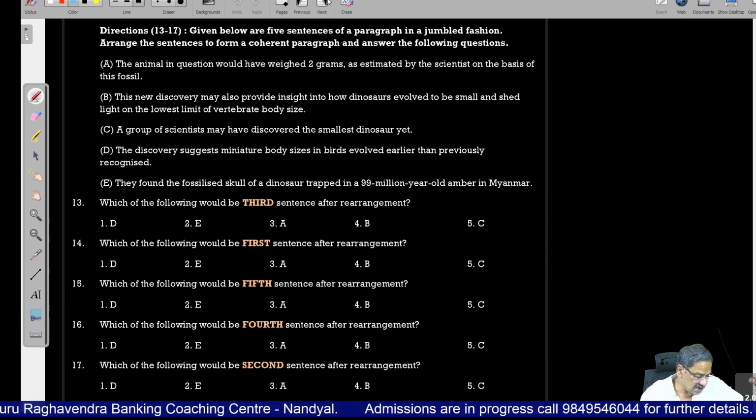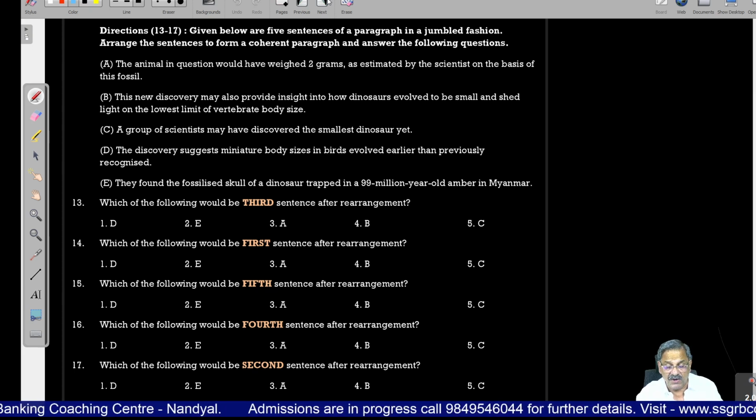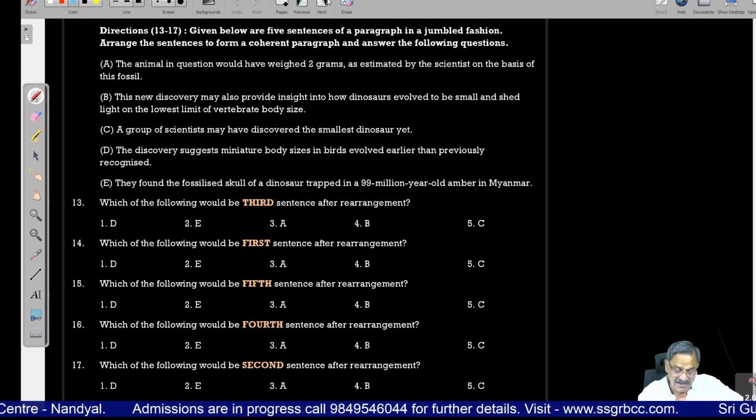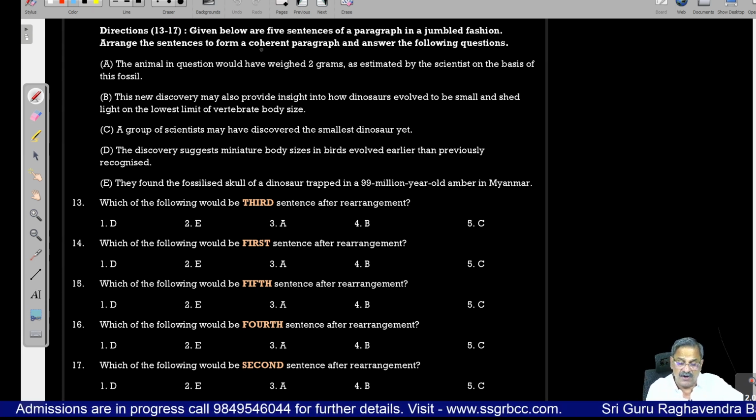Then, next exercise, 13 to 17. Given below are 5 sentences of a paragraph in a jumbled fashion. Arrange the sentences to form a coherent paragraph and answer the following questions.